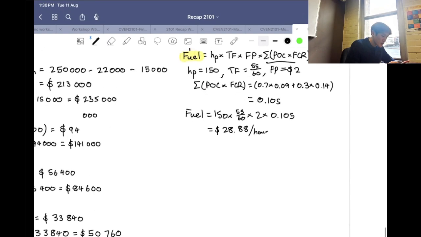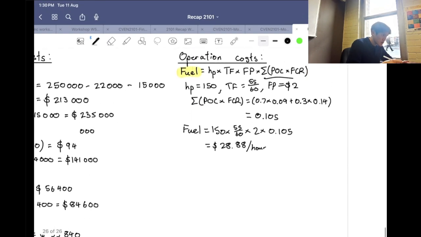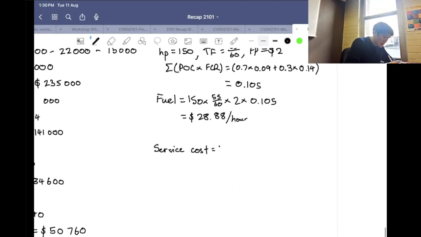We'll move on to the next one, which is your service cost. It's actually quite similar to the fuel cost. It's just your horsepower times the time factor times the fuel price times sum of POC times FCR times your SCF.